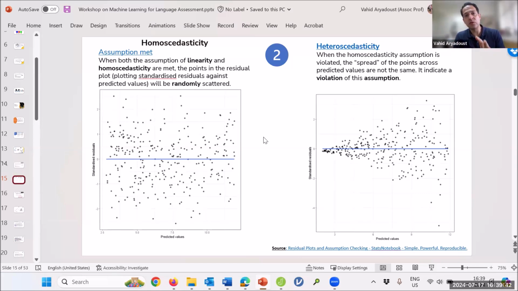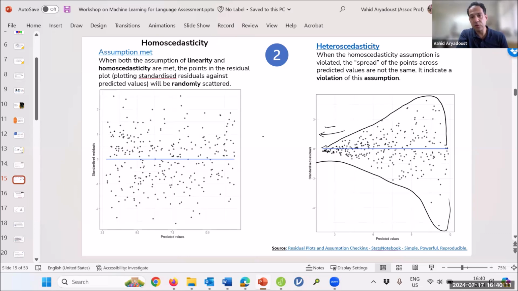The counter nomenclature is heteroscedasticity, which means that this spread of data points has got some sort of pattern. If you look at this, see, it's pretty much like a skewed sort of data. It is skewed towards this side, towards the negative side. And even the data at the bottom is also skewed towards this side. So which indicates that homoscedasticity is not held, is compromised somehow. So we're looking at a problem here.